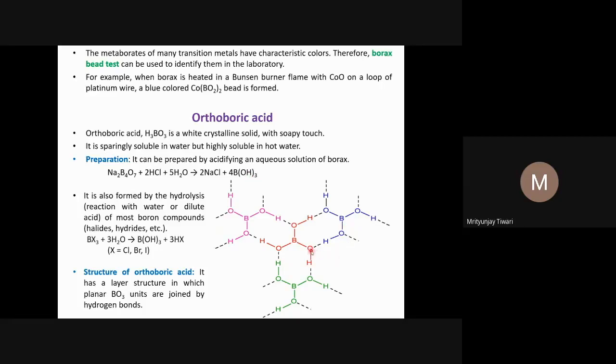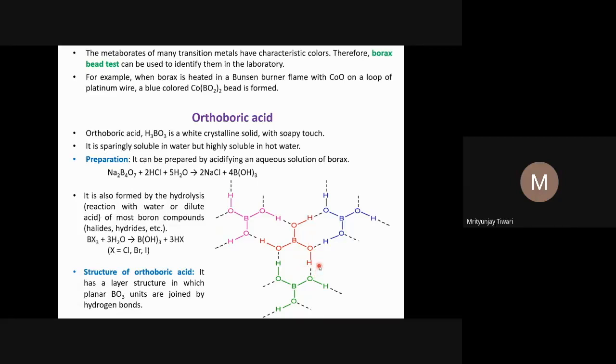You can see here the triangular planar structure. All the atoms are planar, and since three OH moieties are there, they have the potential to form hydrogen bonds.